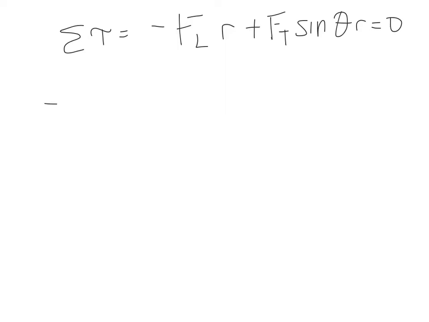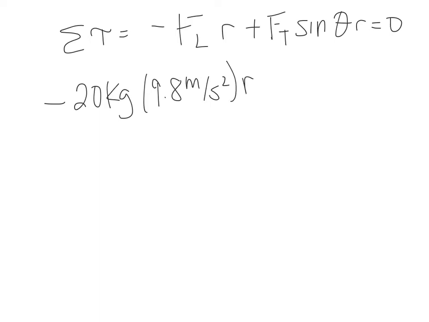So negative 20 kilograms times 9.8 meters per second squared times some distance r plus FT sine theta times r will equal 0.